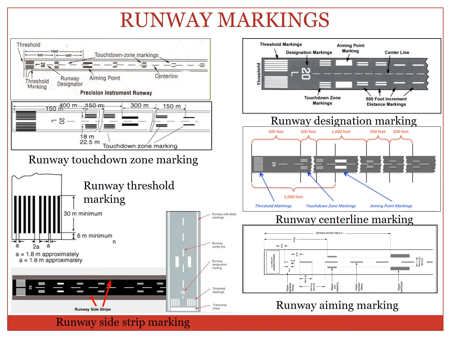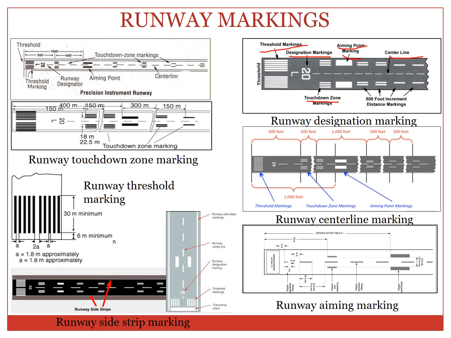As shown in this figure, please look at the designation marking. In the topmost figure, you have all the notations of all the runway markings. As an example, these are the designation markings, the aiming point markings, the center line markings, the touchdown zone markings, and the threshold markings.